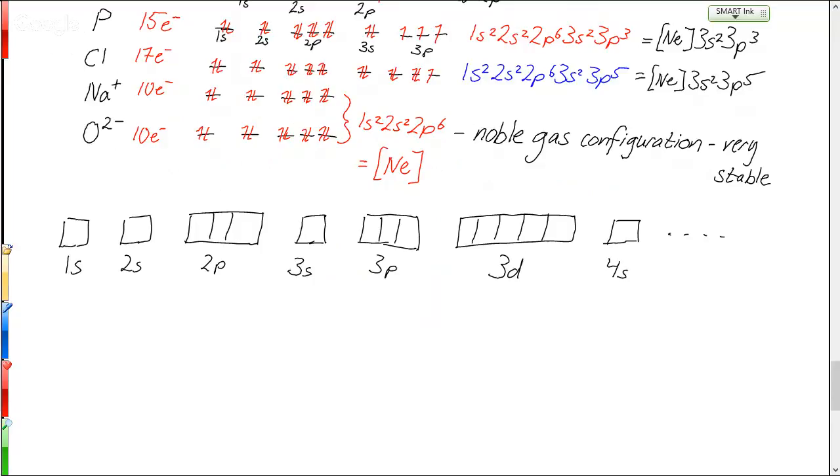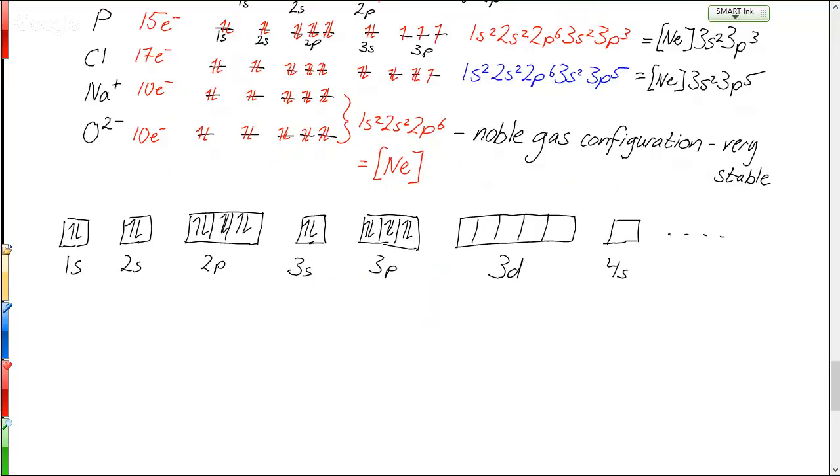All right, so let's look at an atom like potassium. So potassium's number 19, the one that comes after argon. So we're going to fill up all the argon ones first, which is through the 3p. And then where does that next electron go?